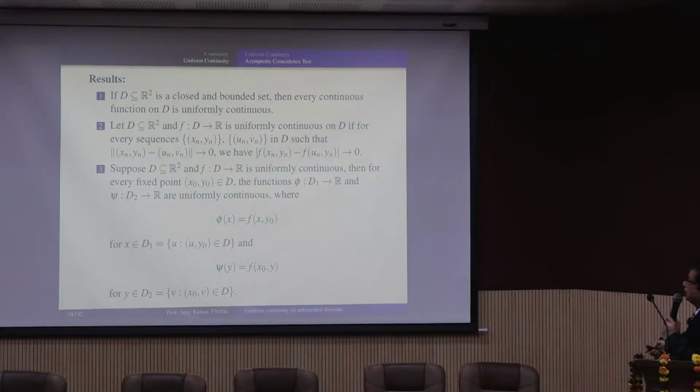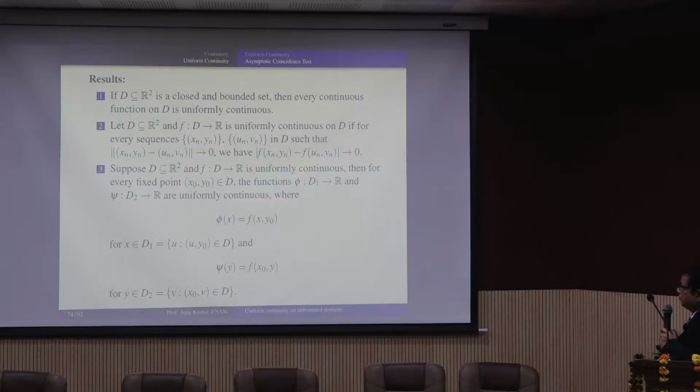We have a similar criterion for how to see uniform continuity. If D is closed and bounded, then every continuous function on D is uniformly continuous. But if f is not uniformly continuous on D, how do you find out?